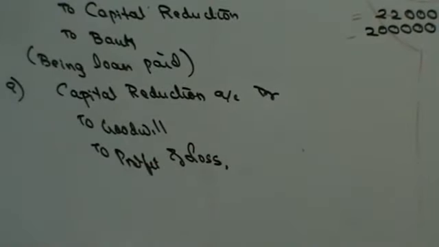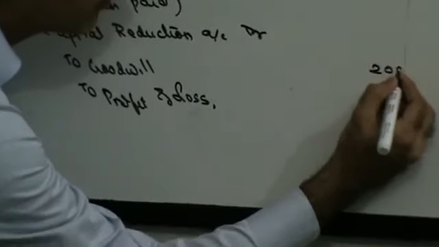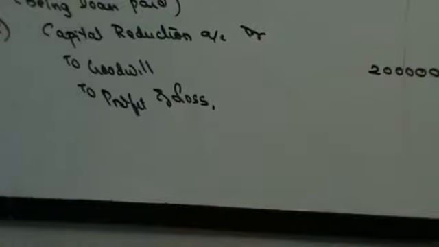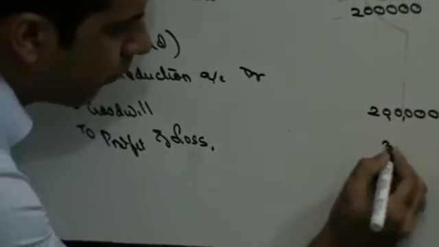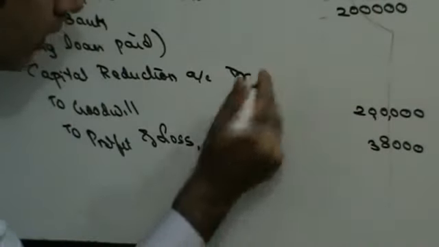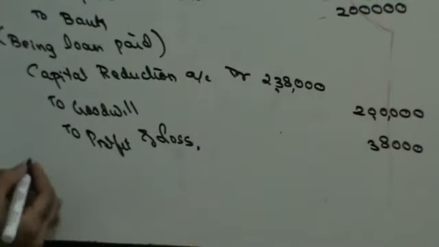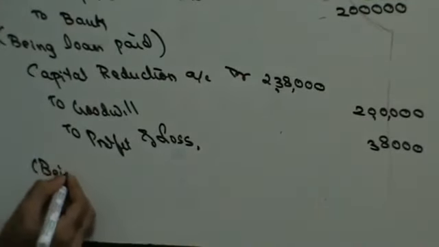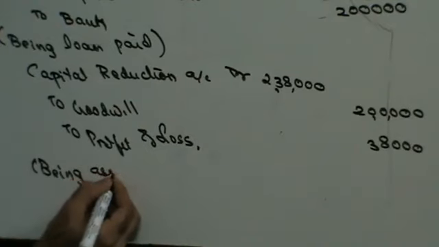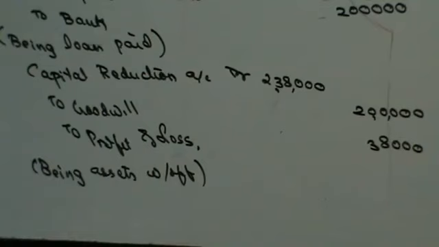Goodwill is given to you as 2 lakhs, right? And profit and loss is 38,000. 2,38,000, being assets written off.